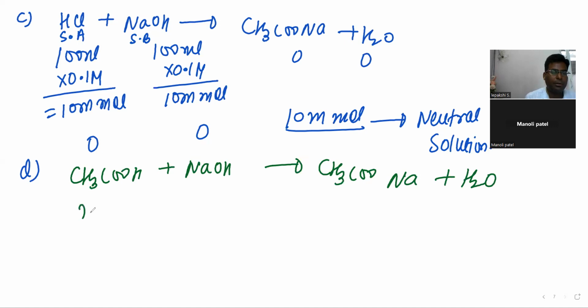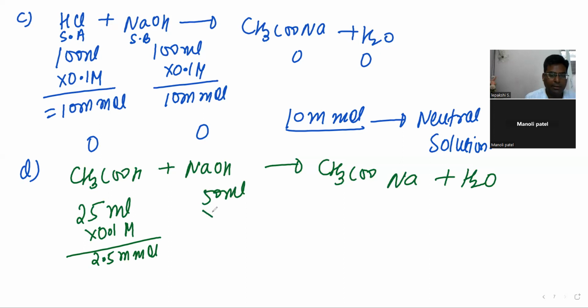So before the reaction, it is 25 ml reacting with 0.1 molarity, so it will be 2.5 millimole, and this is 50 ml reacting with 0.1 molarity to form 5 millimole, right?